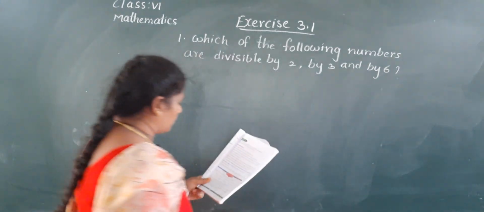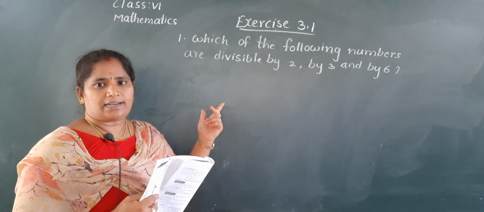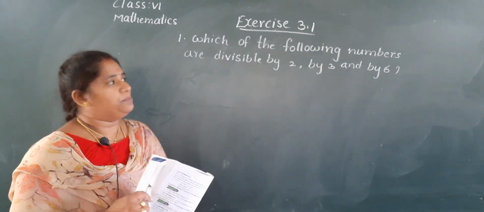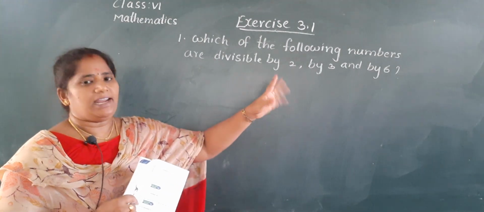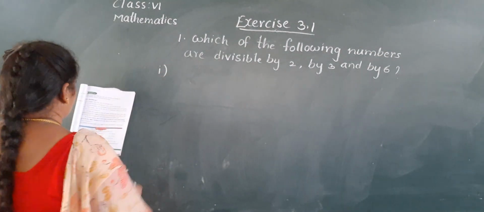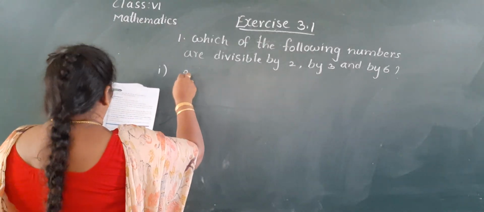So this is the first question, exercise 3.1. Note down in your classwork, children. Here 8 numbers are given. So first I will take the first number.